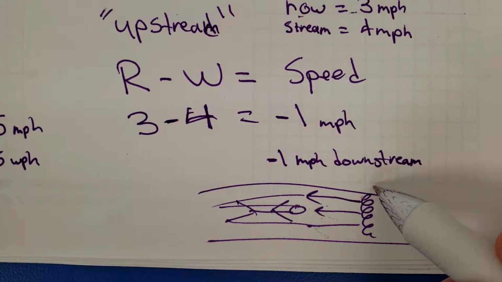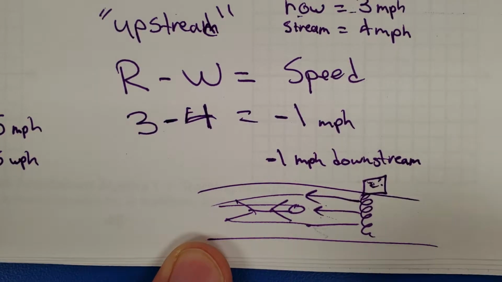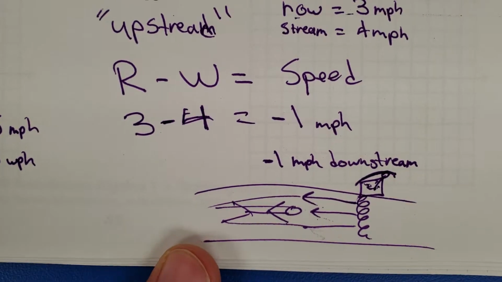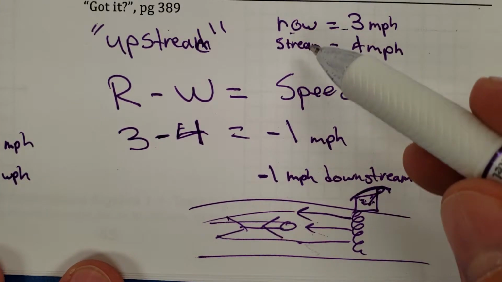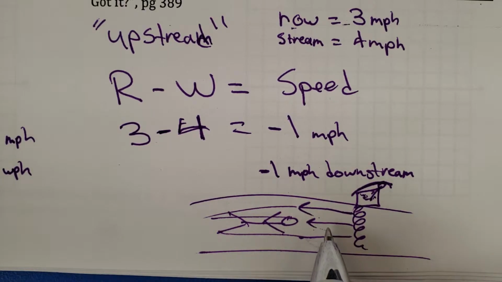But they have to adjust the speed here, so I'm sure there's some type of mechanical box with buttons on it, or some type of crazy sweet lever that you just move back and forth, faster or slower. But yeah, so for this person to stay exactly in one spot, their stream and their speed would have to be equal. So if they're going backwards, that means they're swimming slower than the water speed.